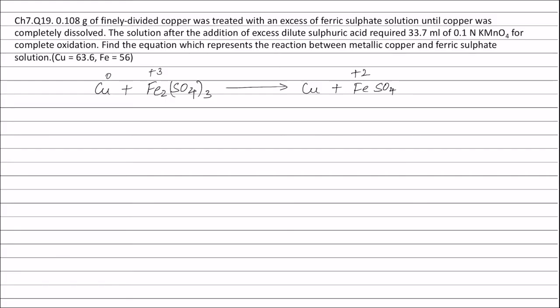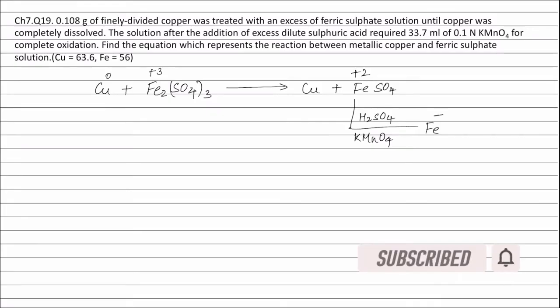When this product is treated with H2SO4 and KMnO4 solution, since iron is present in lower oxidation state, ferrous sulfate will be oxidized by KMnO4 and iron will change into higher oxidation state, that is +3 oxidation state.